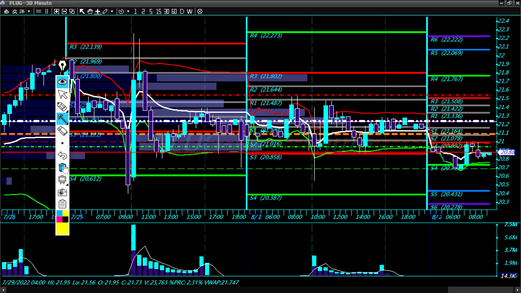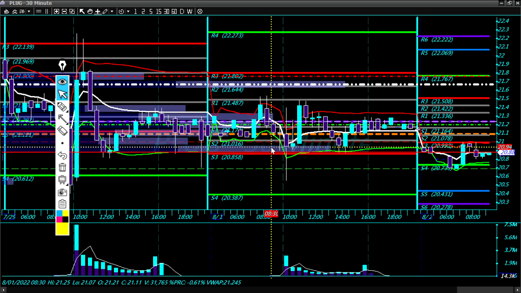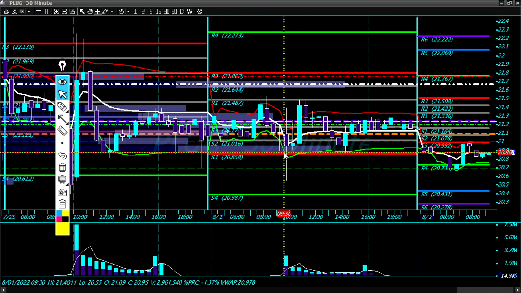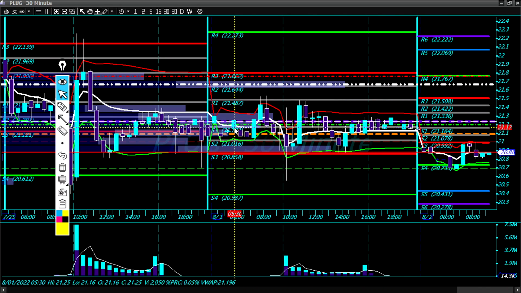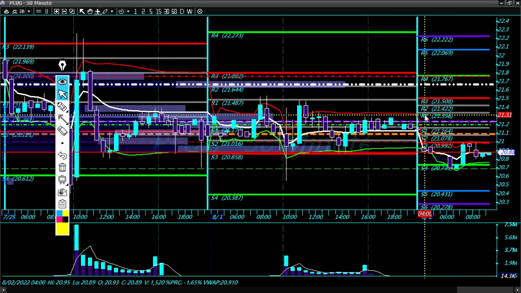So the inside value day suggests that it's supposed to break out. We're supposed to get a little kind of a trend away from the consolidation, right? So this is a nice setup. It's consolidating, and we got the inside value day on the Camarillas.